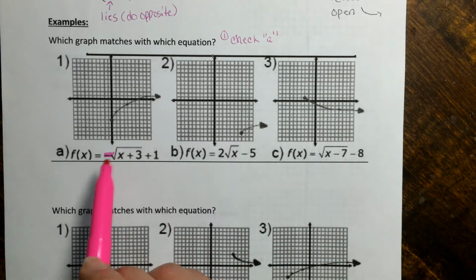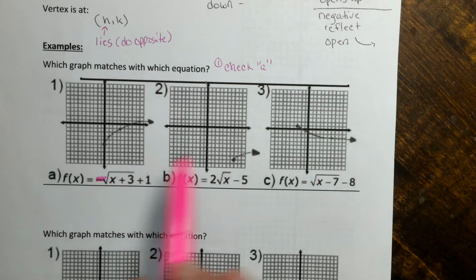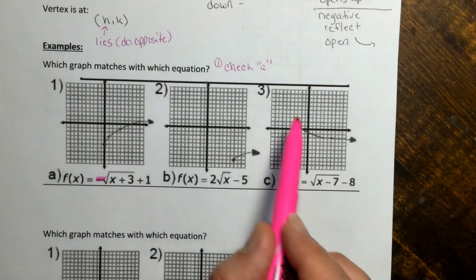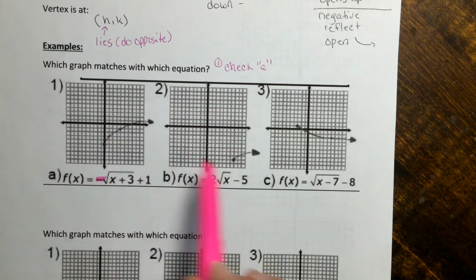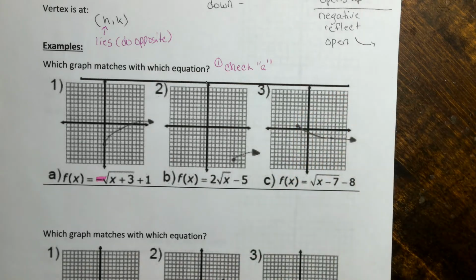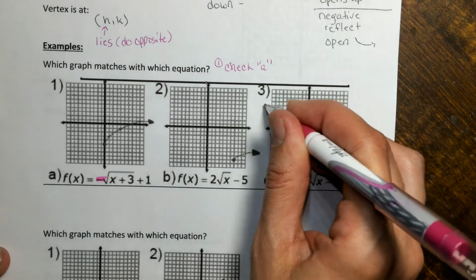So right away, if it's negative, that tells us that it reflects and opens down. And the only one that's opening down is this one. These all open up. So without doing very much checking, a has to be this one, number 3.